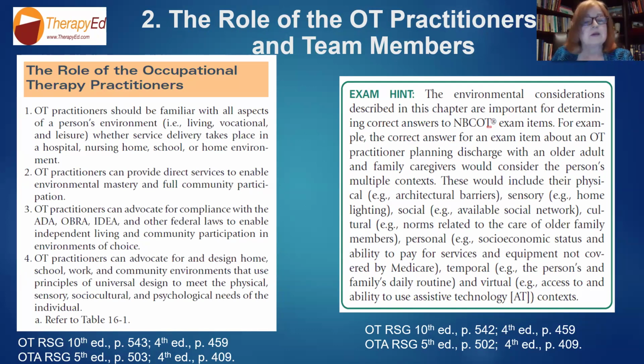And cultural, what are the norms related to care of an older family member and their participation? Because different cultures have different norms. And then personal, the socioeconomic status. Can they pay for services and equipment? Or are they relying on Medicare for that?